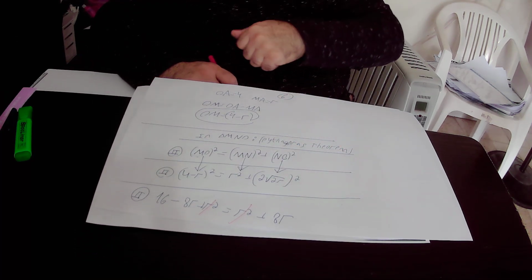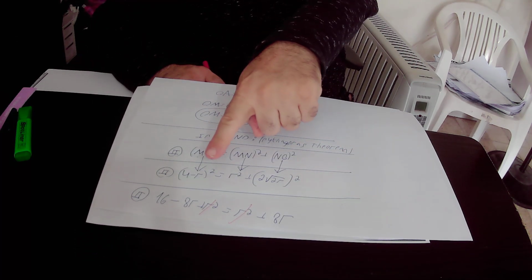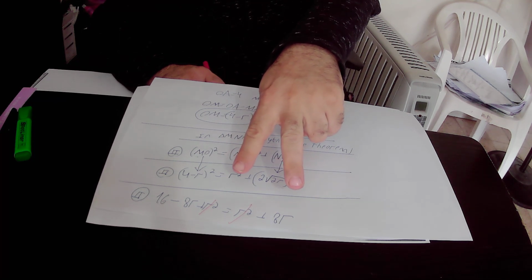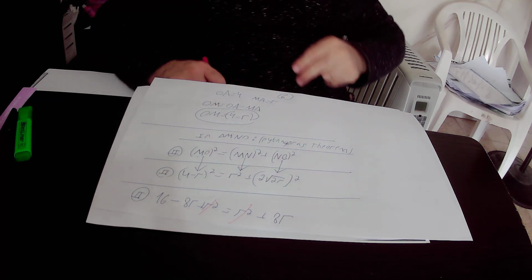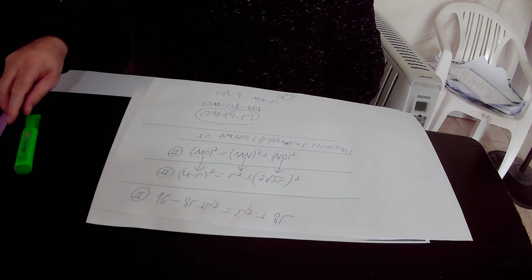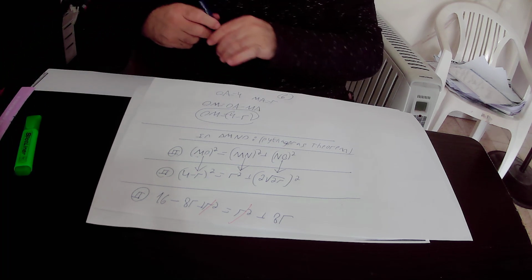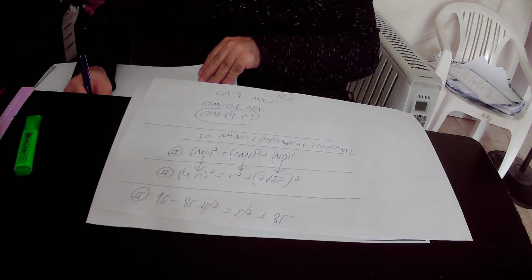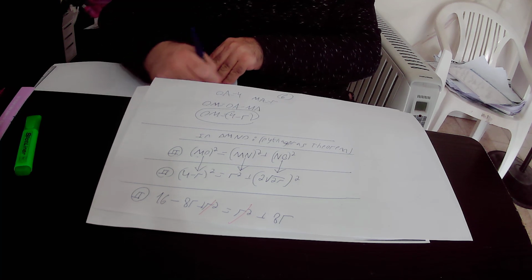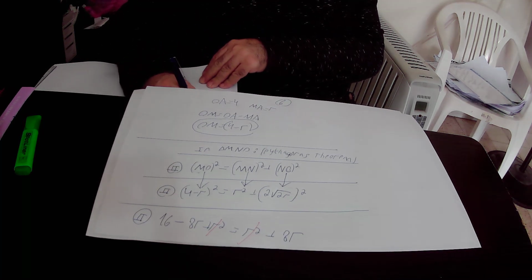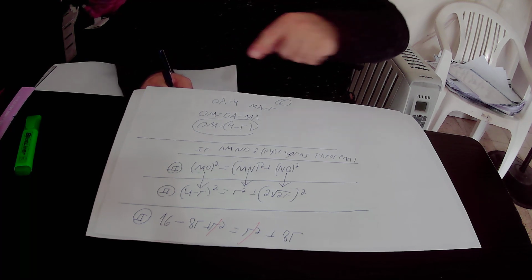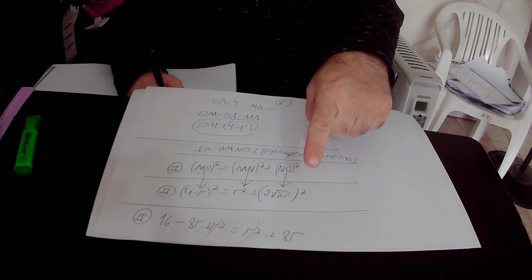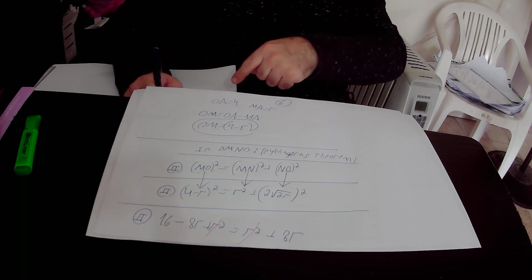After we cancelled R square, we will add 8R to equation number 2, and we will get that 16 equals 8R plus 8R, which is 16R.